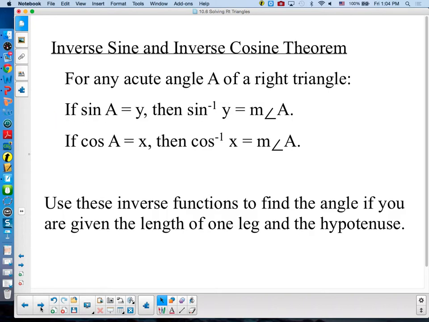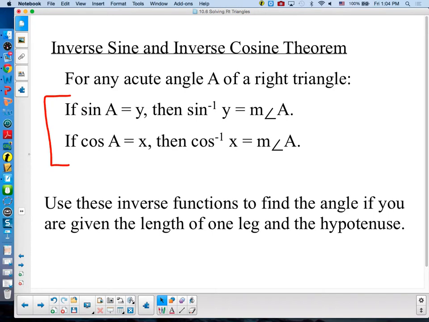Let's go to those. These two things are just like what you wrote related to tangent. If the sine of an angle is y, then sine inverse of that y gives you the measure of the angle. And same with cosine.